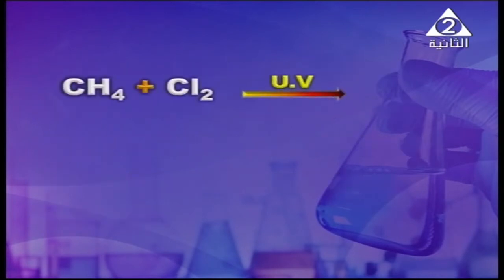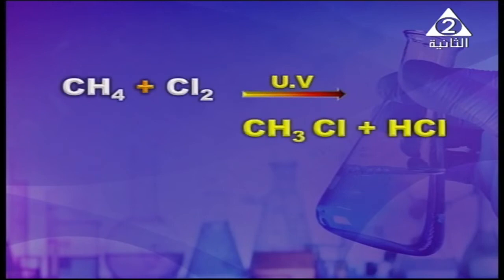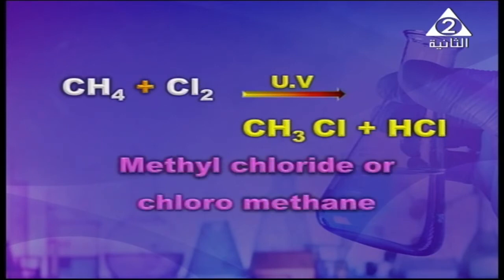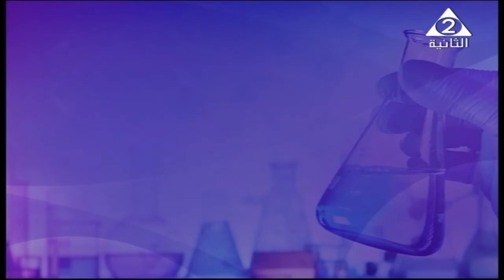As the equation proceeds on the screen, my dear student, methane plus chlorine in the presence of ultraviolet rays substitutes one hydrogen atom by chlorine, forming methyl chloride or chloromethane, and releasing 1 mole of HCl. So a substitution reaction takes place for methane.